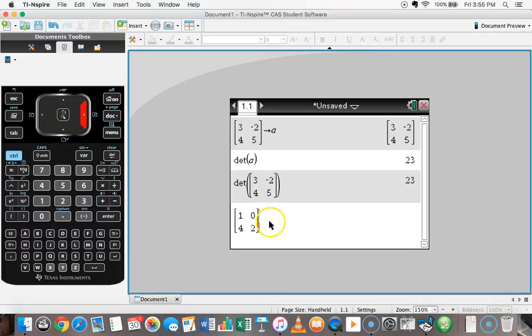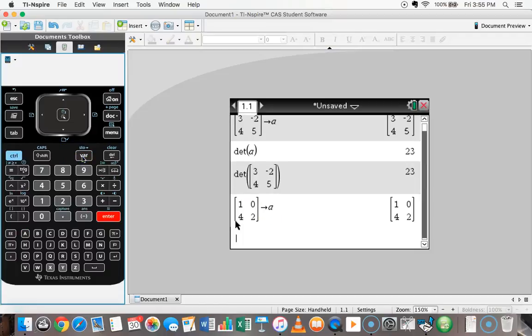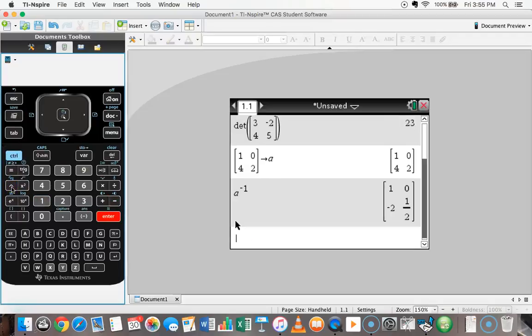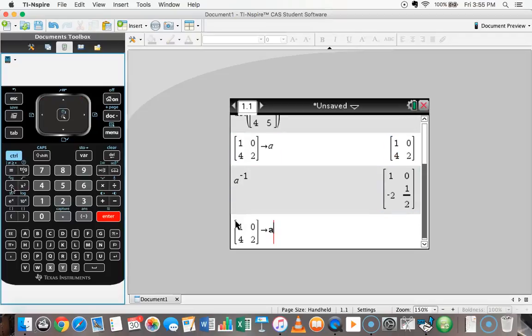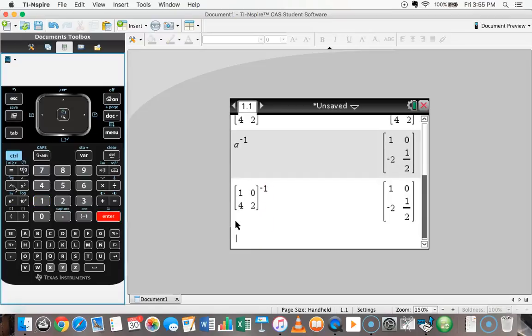We'll store that as A this time: control, store, A. If we want to find the inverse, all we do is write A, use the hat button, and write -1, and that should calculate our inverse, which is exactly what we calculated manually. Again, you don't have to store it. You could just use that value and write hat -1 without storing A, and we should get exactly the same value.